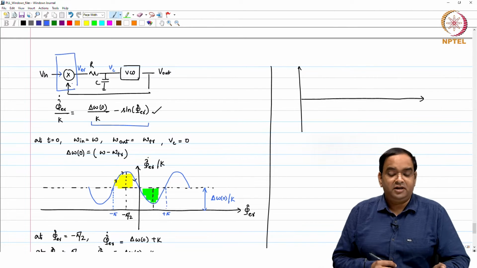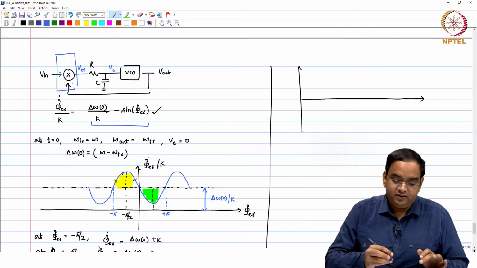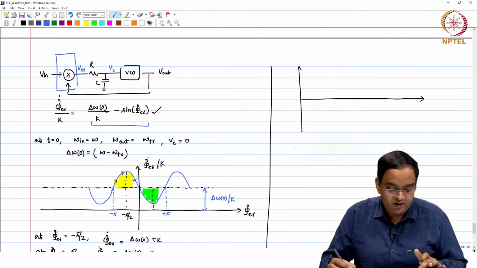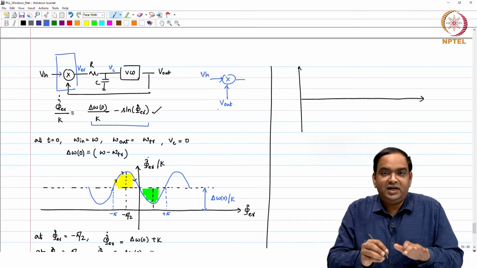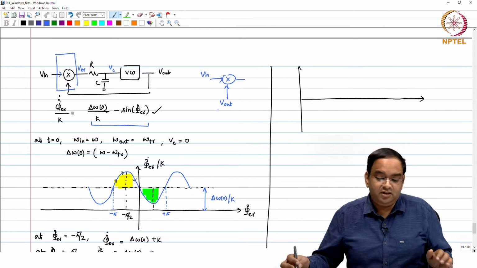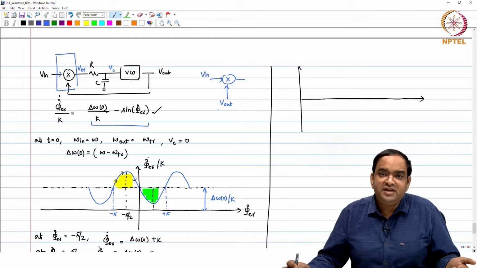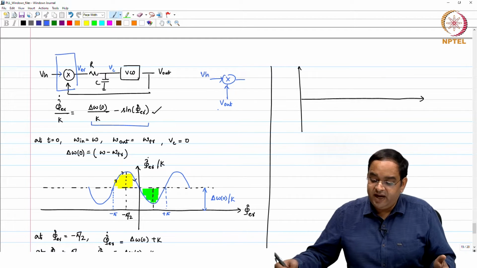In case you are considering only the mixer part, I have V in, I have V out. And let us say this is not connected in the loop, just to understand how the phase error would have changed if there was a frequency error, but it was not in the feedback loop.